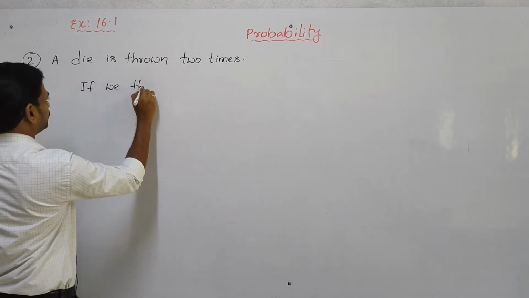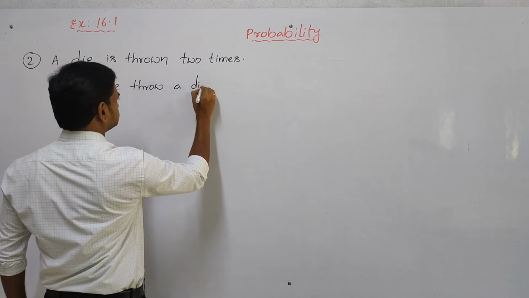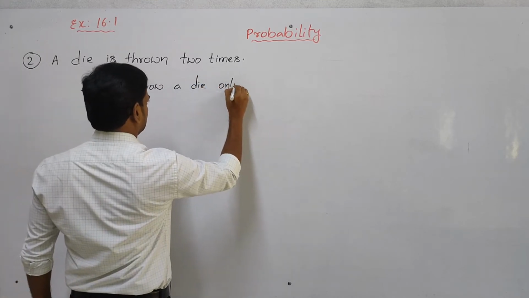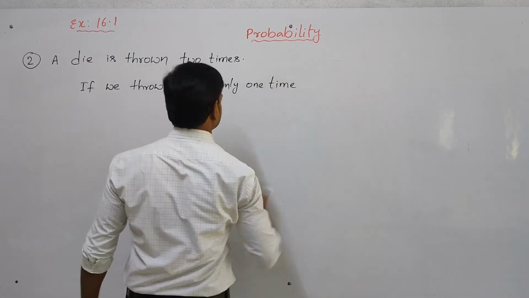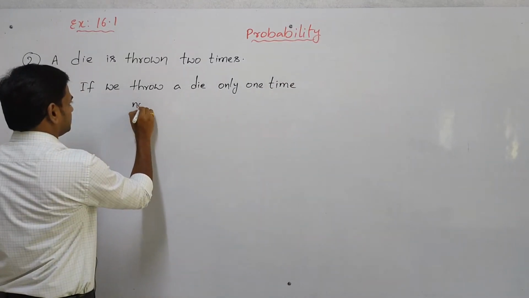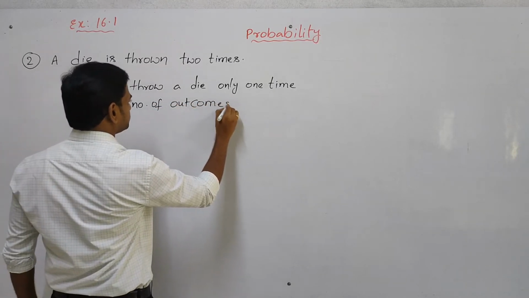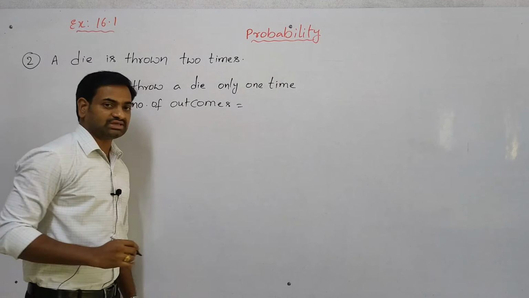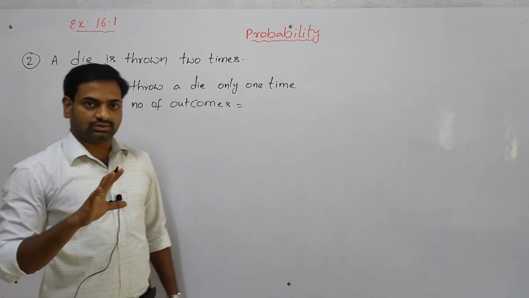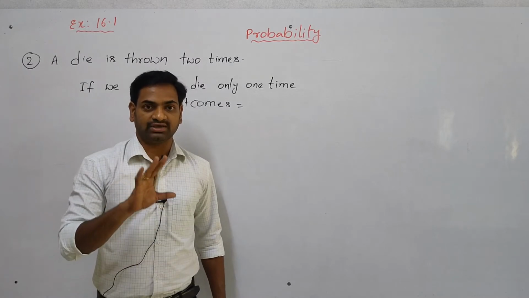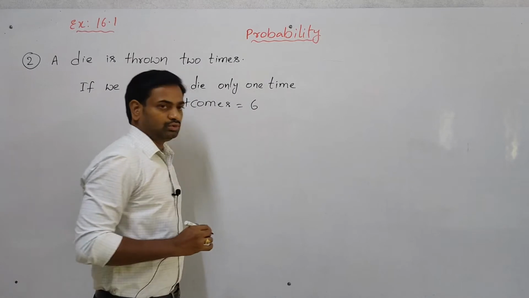If we throw a die only one time, the number of outcomes equals the number of faces on the die, which is 6.